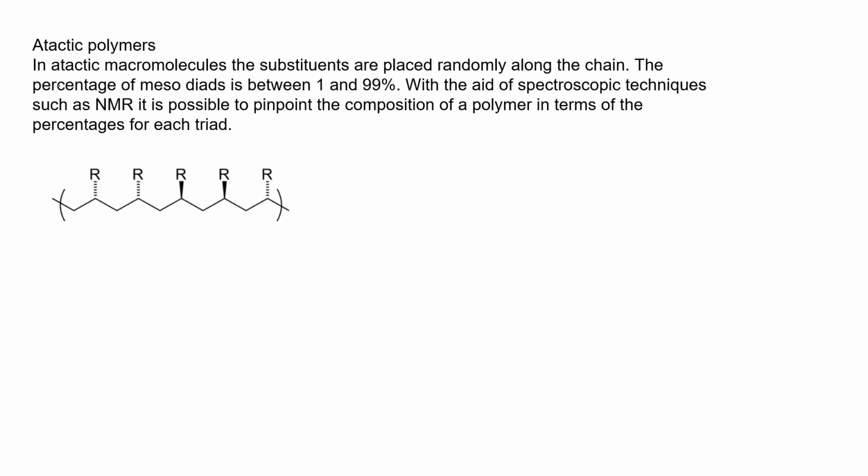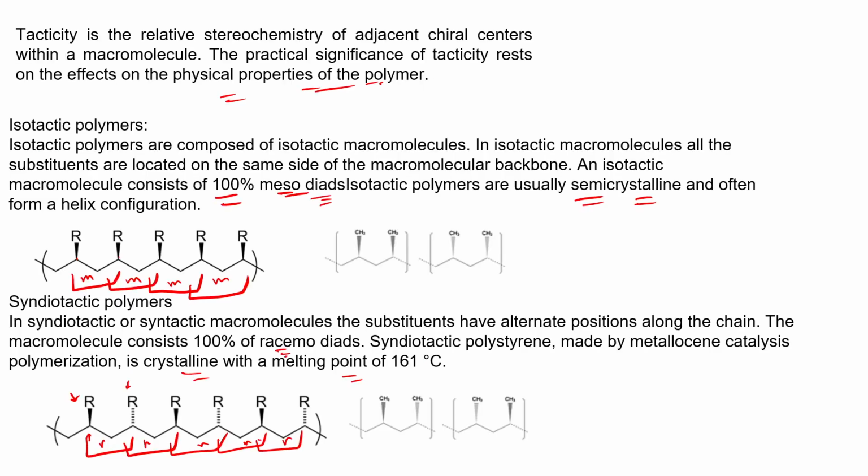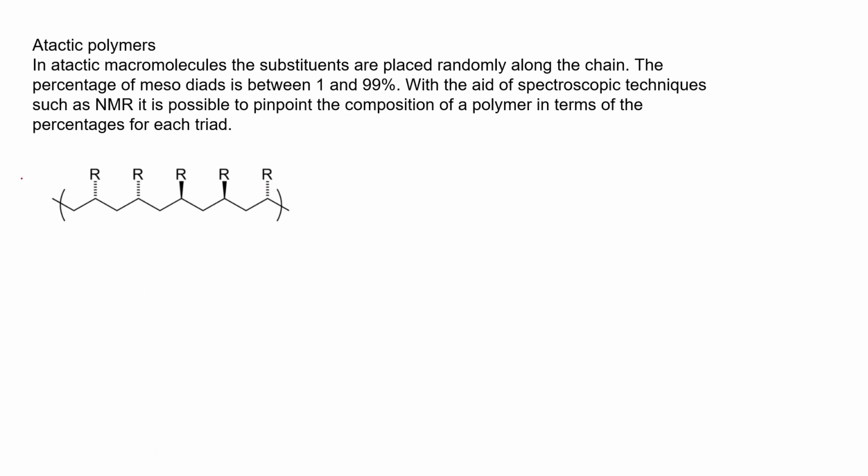Now let's look at atactic polymers. For this kind of polymerization, it is random, so there is no relationship or pattern. The percentage of meso diads can be between 1 to 99%.